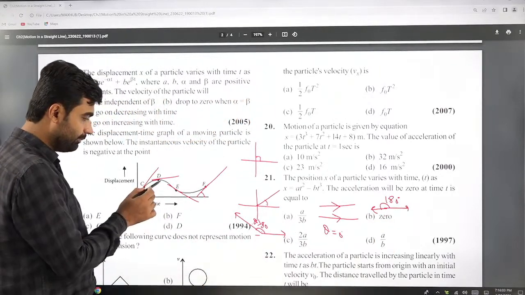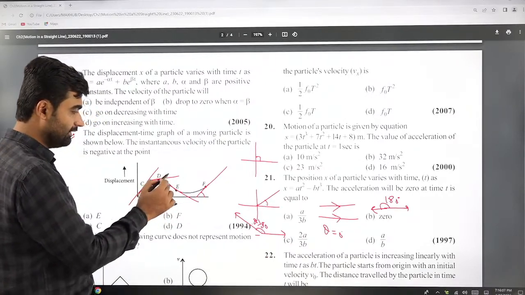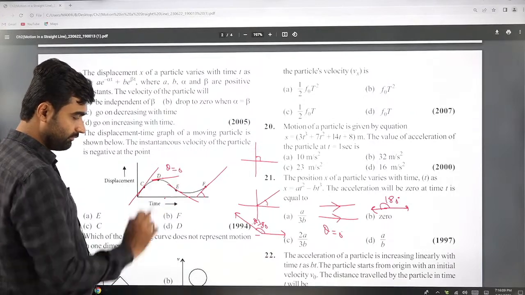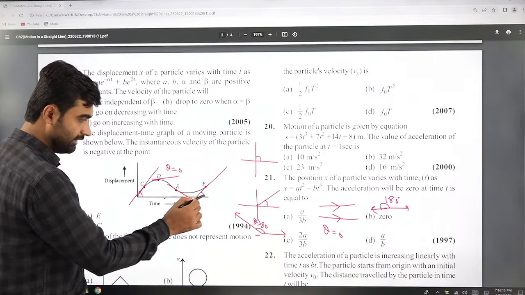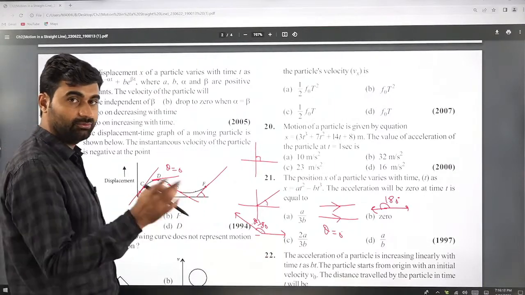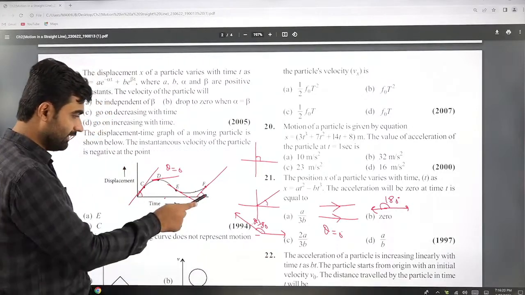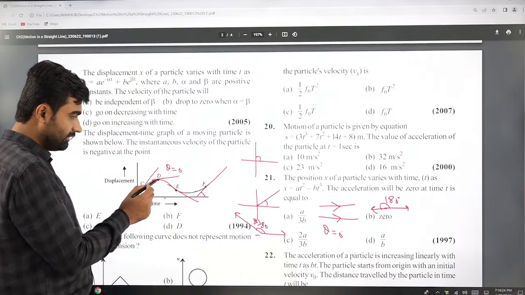So this line is parallel to the horizontal axis, so for this line theta is 0. For this line this is theta, and for this line this one is theta. For both lines, you can see the angle is less than 90, right? Okay. For this line 0.